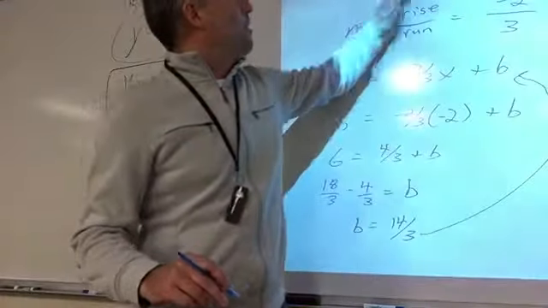So they're giving me one line right here, and they're giving me one point. And then your goal is to find the line that is parallel. So let's say this is my line that they give me, and this is my point that they give me. I'm trying to find this line right here, the equation of that line.